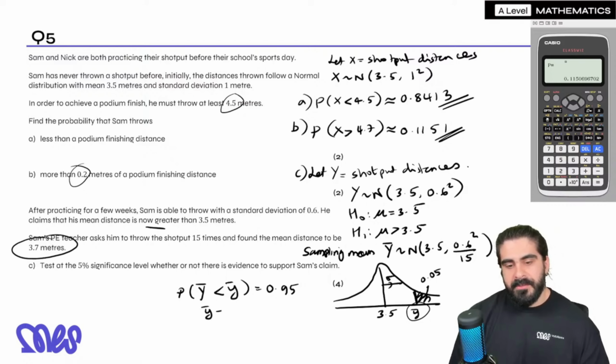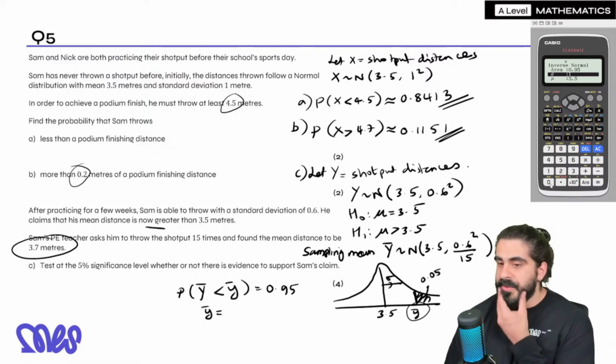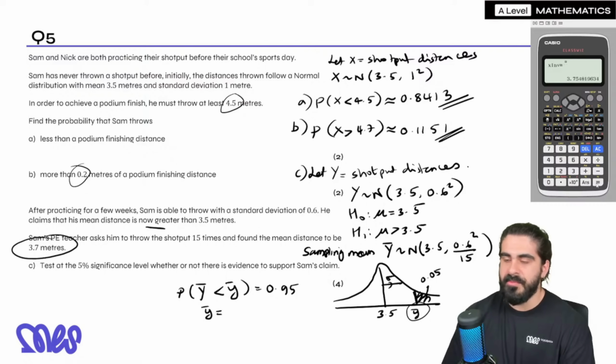So for y bar, we're just going to do inverse normal. The area is 0.95. Sigma, when you root the variance, you'd get 0.6 on the top and then root 15 on the bottom. You have 3.5. Okay, so 3.75.